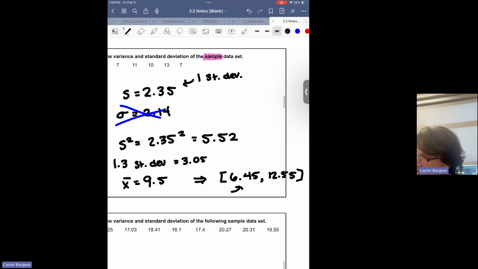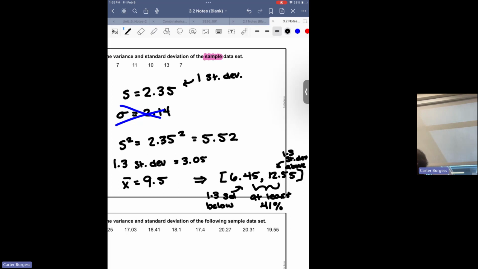So this is 1.3 standard deviations below. And this is 1.3 standard deviations above. And Chebyshev's is saying that this should at least be 41% of our data. That we should at least find 41% of our data in this range.